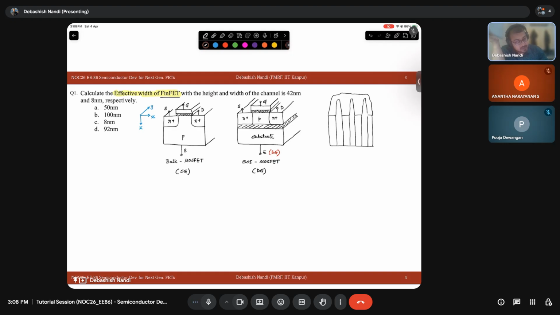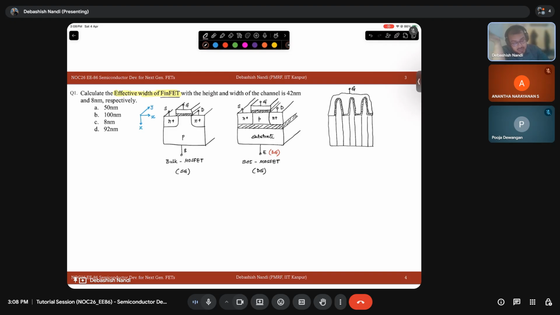So it will be something like this, and then you will have your gate oxide like this. So this is your gate oxide. This constitutes your gate, okay?